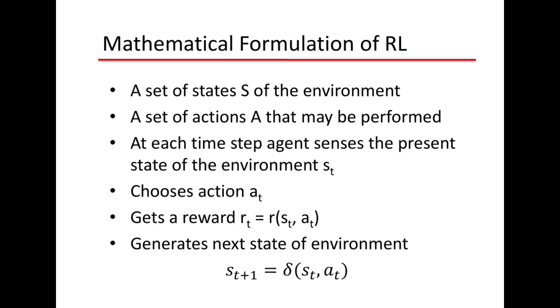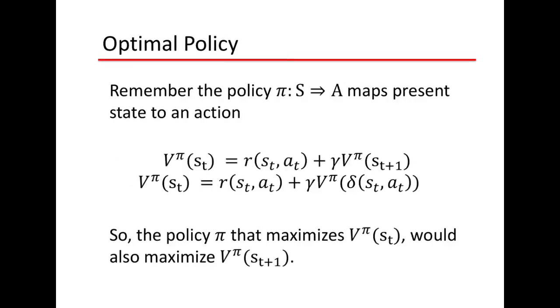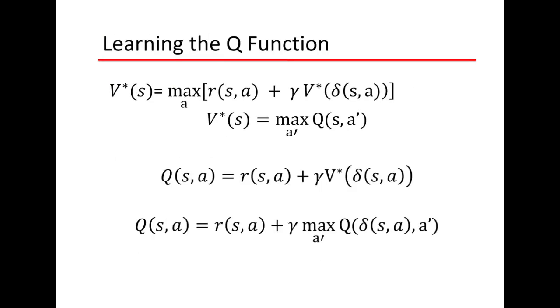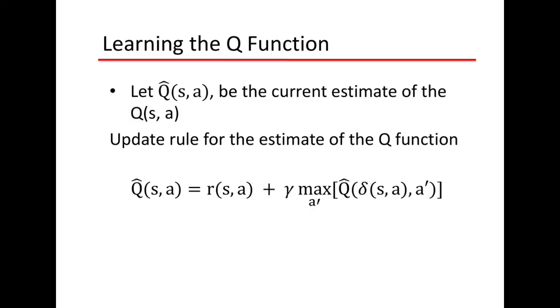So remember we talked about the agent and the environment framework, where the environment has a state, the agent has an action, and then depending upon the action in different states you get the reward, and the agent's objective is to maximize the discounted reward. And we formulated it mathematically, and we defined this Q function that tells you the total reward, the discounted future reward and the present reward.